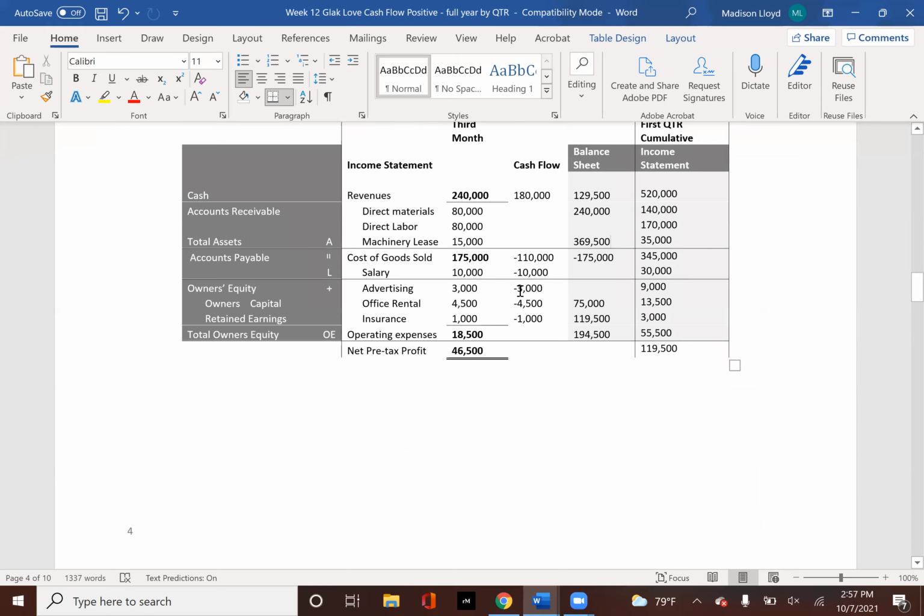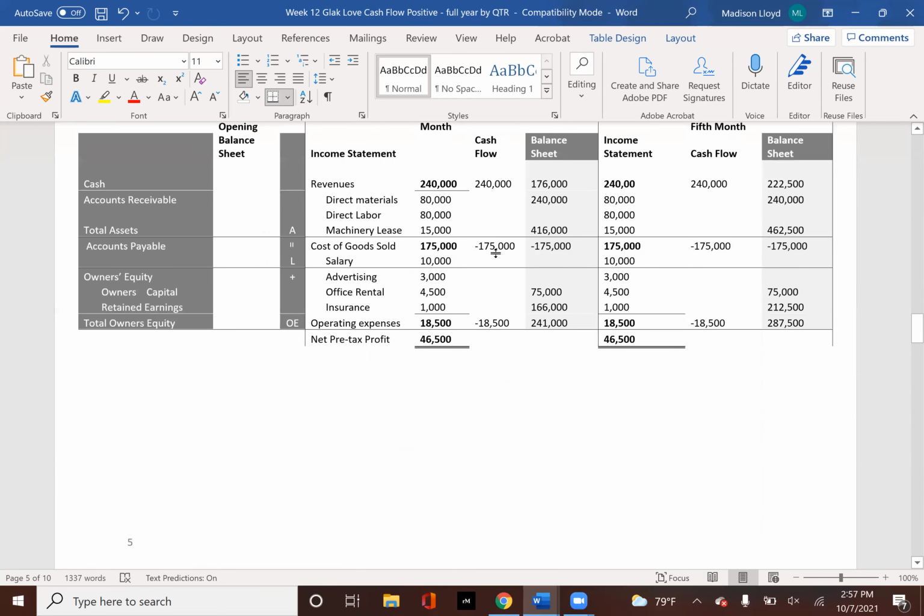You're going to take $369,500 minus your $175,000 cost of goods sold from last month, minus your operating expenses of $18,500, which comes out to $176,000 in available cash now that you have subtracted your expenses from it. Okay. You take your accounts receivable, which is your $240,000 right here in revenues. Put that right there because you're going to receive that. Move down to your total assets.